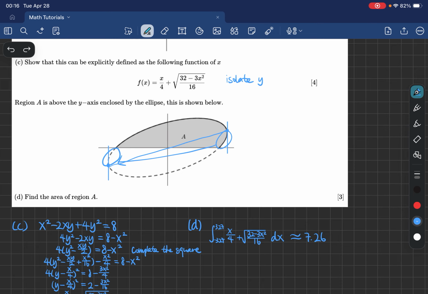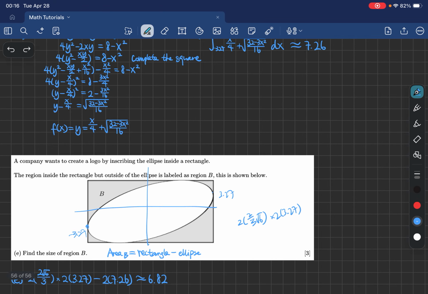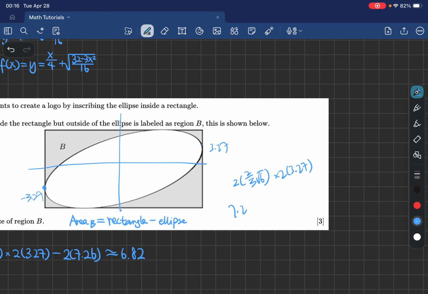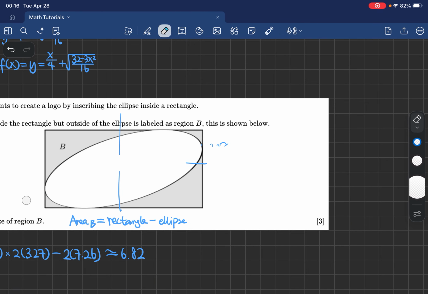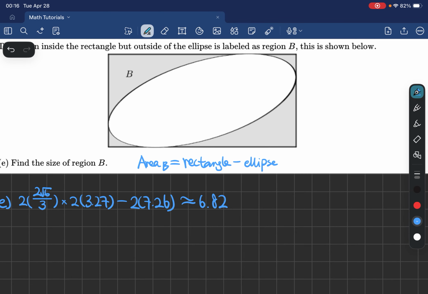So we just multiply that by 2, right? So it's just 7.25 times 2, right? So it's just this thing subtracted by this thing. Just make sure you write down the correct values. And then you will get 6.82 in the end.